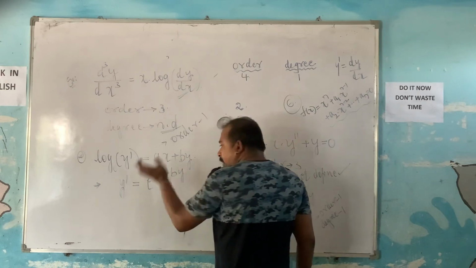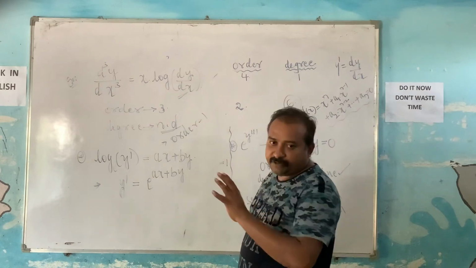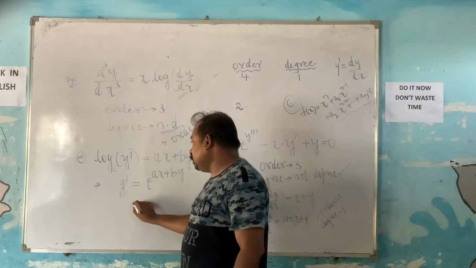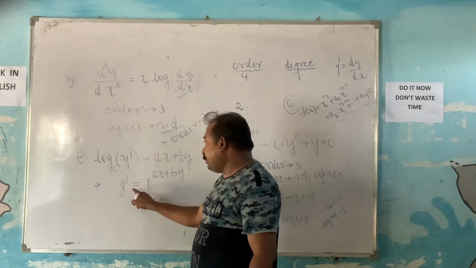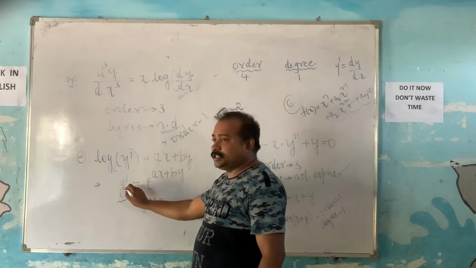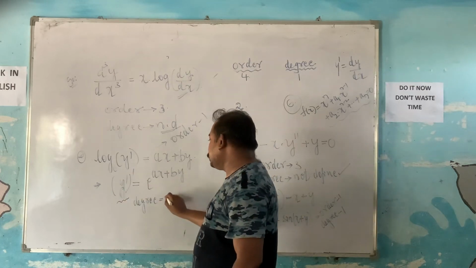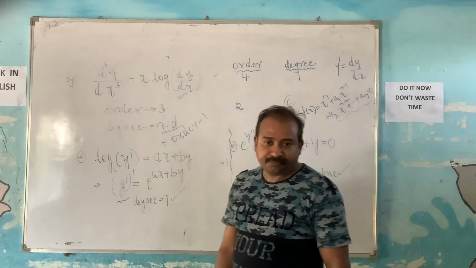So it is a polynomial differential equation, and automatically we can find the degree. Degree means the power of the highest derivative. Here y dash is the differential. What is the power of this? 1. So degree is equal to 1. Okay. Thank you.